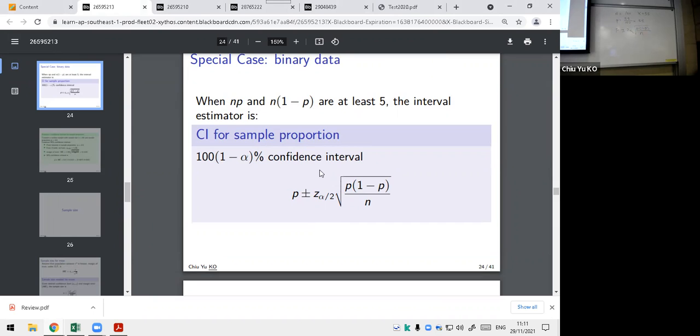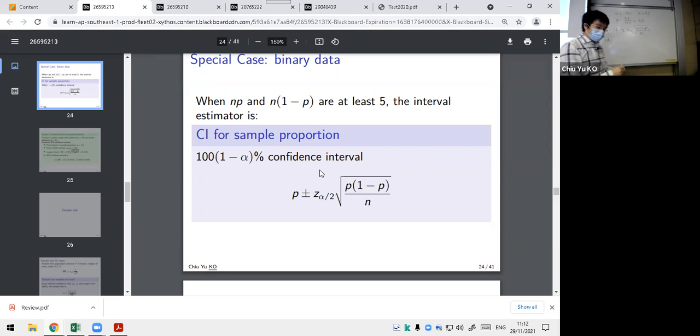So it shouldn't be an issue, right? We know alpha over 2 is 1.96, all right? We know the P, we know the N, then done. Is that okay for this one? Any question? It's part C.